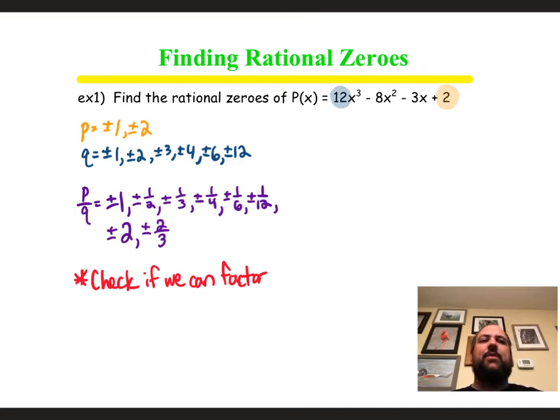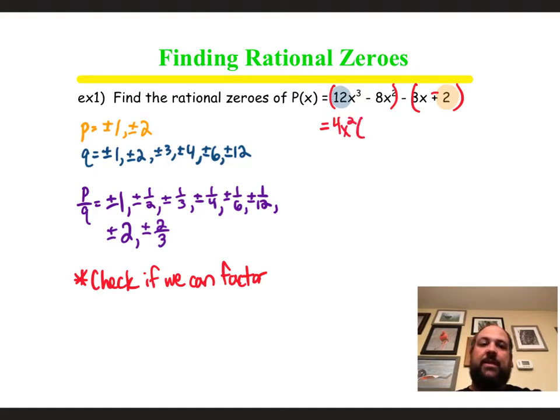In this case, when I look at 12x cubed minus 8x squared minus 3x plus 2, if I was going to factor it, I would have to use grouping because I have the 4 terms. So I would put my parentheses here, put parentheses here, change that to a minus, and then I would factor out the GCF from each of those groups. Well, the GCF of 12x cubed minus 8x squared would be 4x squared.